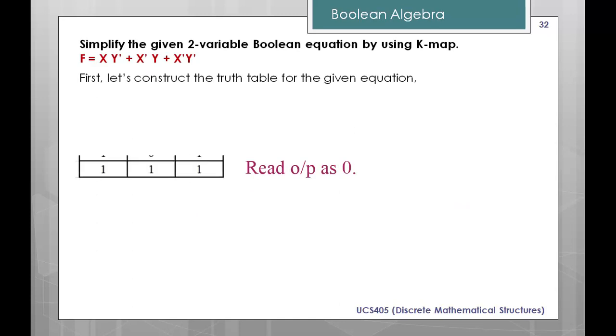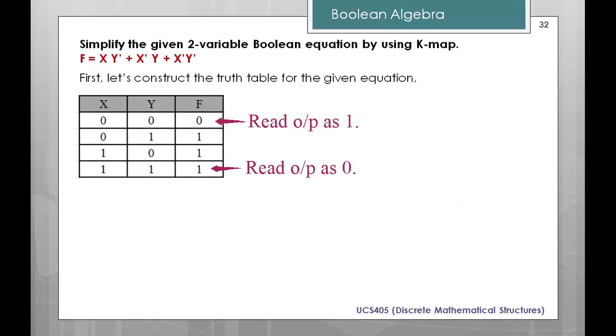Now simplify the given two variable Boolean equation by using a K-map. These two are the inputs and this is the output of this table. At how many positions are we getting 1? These are the positions.